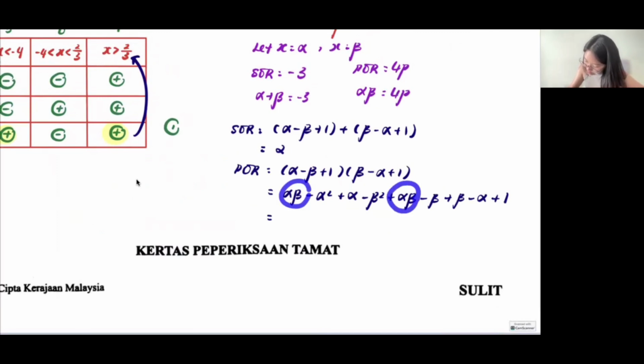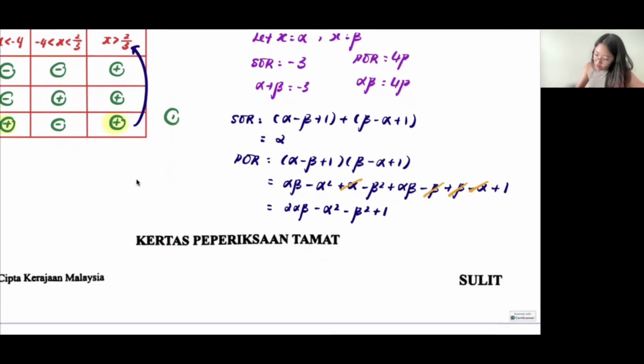Alpha beta, alpha beta, so 2 alpha beta. Then alpha square: we have another alpha square or not? No. So negative alpha square. Alpha over here you can minus this, so this one cut off already, no more. Beta square alone, so write it down: negative beta square. And this one already settled in front. Negative beta plus beta, finished. Then we have a plus 1 behind.